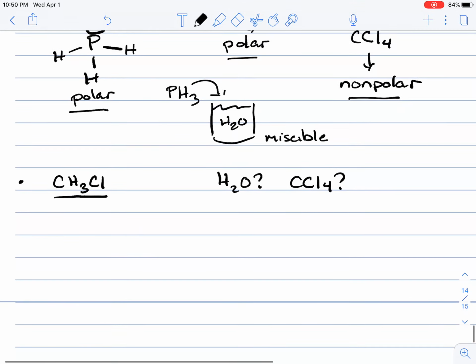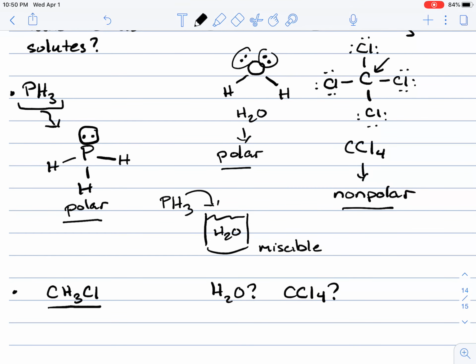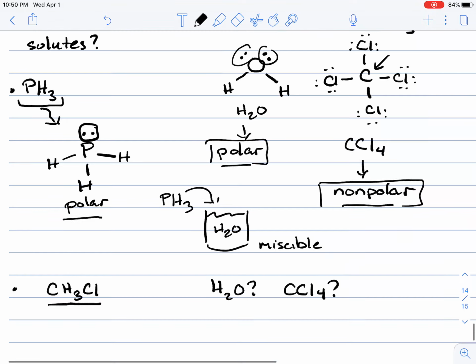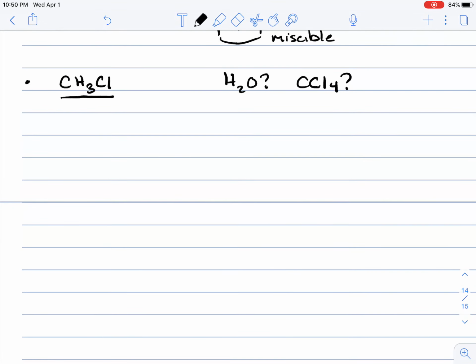And we're not really changing the identity of the solvent. It's still going to be the same. So therefore, we can assume that water is polar in character and CCl4 is going to be nonpolar in character. So this guy is polar and this is nonpolar.